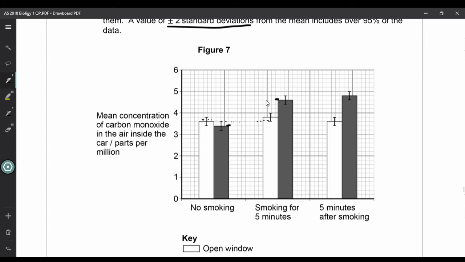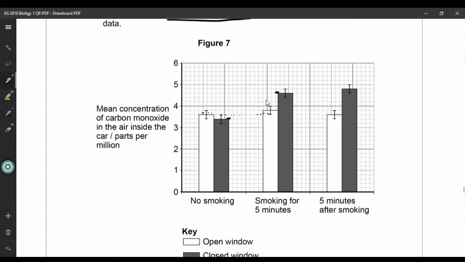Okay, but if we look at when the windows are closed, which is given by the white ones, the value for the smoking with the windows open and the value for the non-smoking with the windows open, actually there's not a significant difference because we do have an overlap with these SD bars, and same over here.